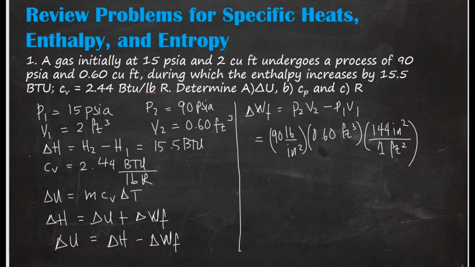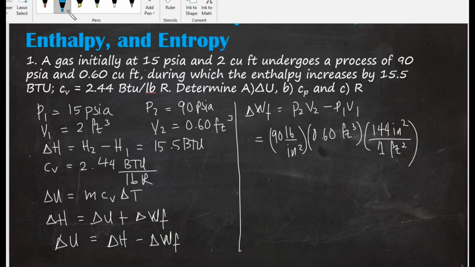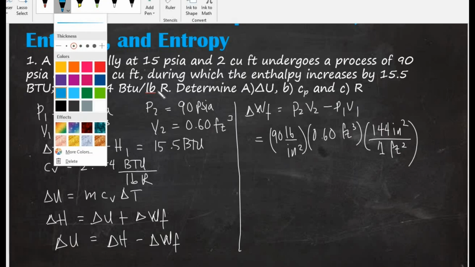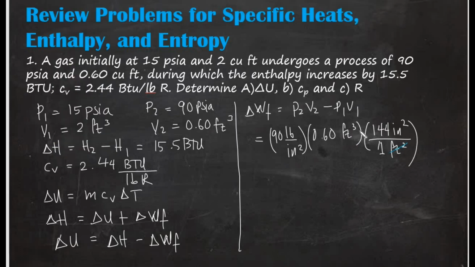If we examine the units, square foot cancels out, square inch also cancels out, and we have pound force feet as our unit. We need to convert that to BTU. 1 BTU is equal to 778 pound force feet, so pound force cancels out, feet cancel out, and the final unit is BTU.